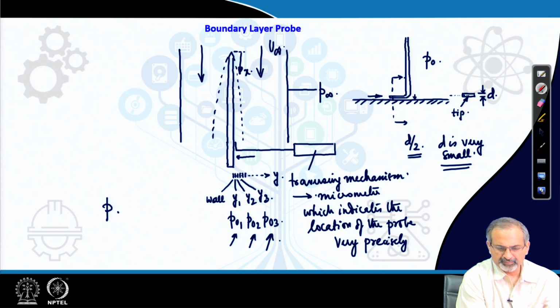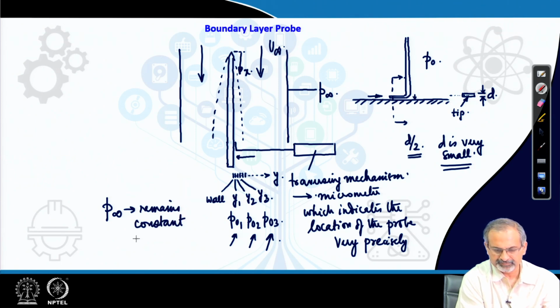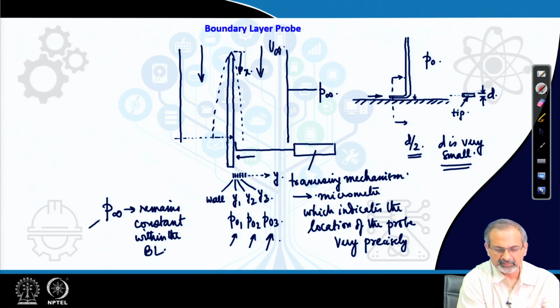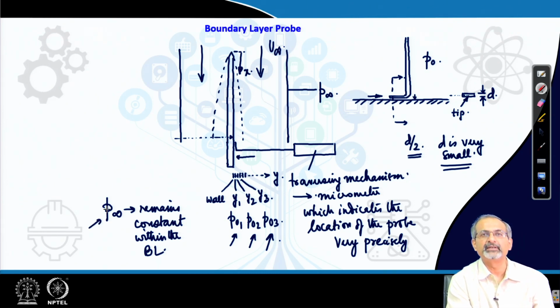Whatever P or P infinity that you obtain from the wall of the wind tunnel, that is going to remain constant within the boundary layer. And if you were to measure the pressure at the surface of this plate by using a static pressure port, that would also be approximately equal to P infinity only.